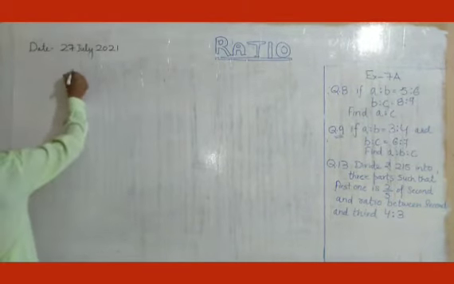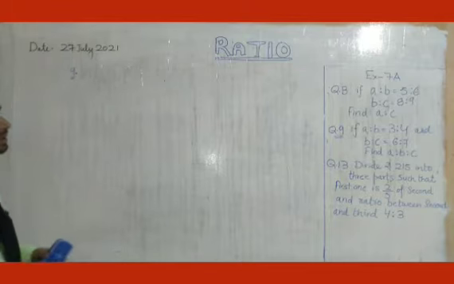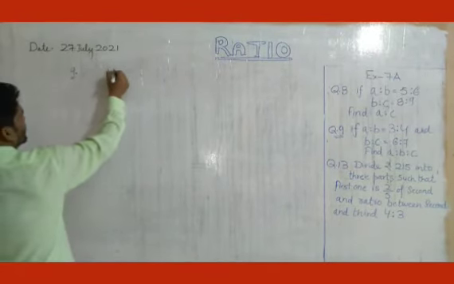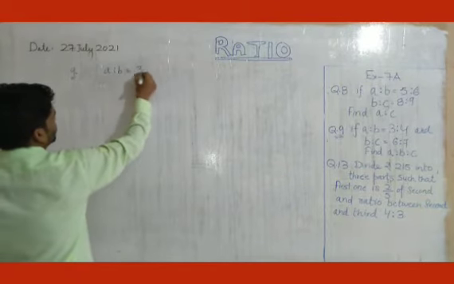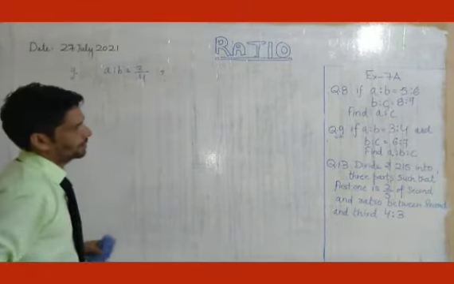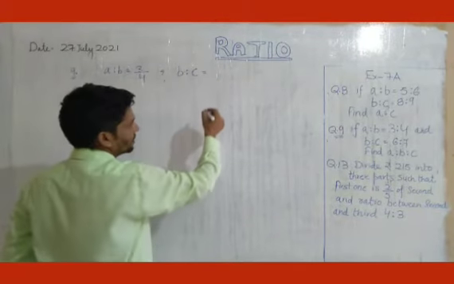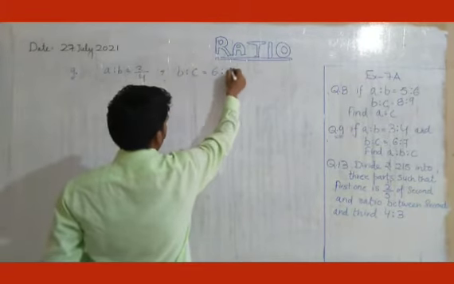Question number 9. A ratio B is given 3 ratio 4 and B ratio C is given 6 ratio 7.